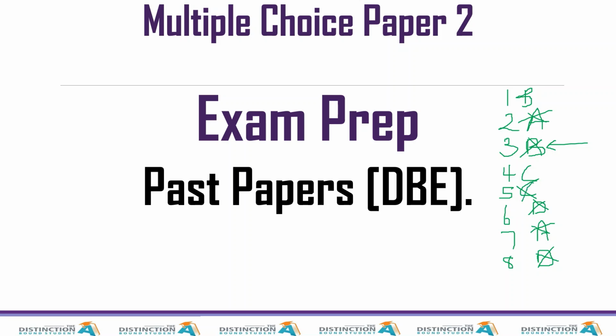You read number 5, still no clue. For that, I recommend that you just guess, make them 2 C's, because one of them is obviously correct. So that way you only get one question wrong.